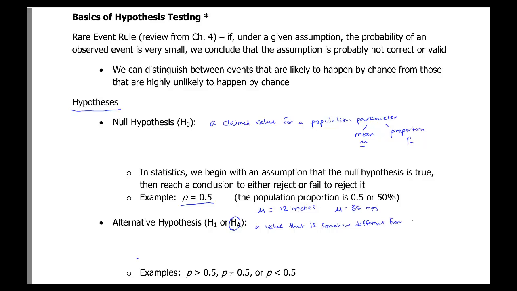So in the null hypothesis we use the equal sign, and in the alternative hypothesis we're going to use less than, greater than, or not equal to. So I have examples here for proportions. Here the population proportion is greater than 0.5, not equal to 0.5, or less than 0.5.